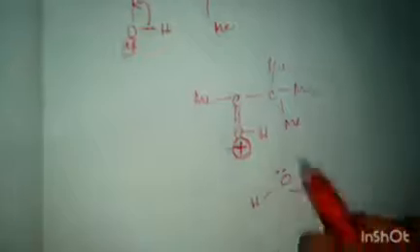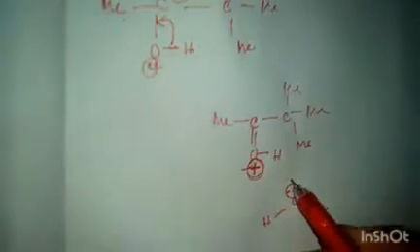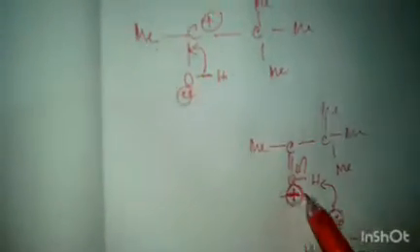So here a positive charge is formed, making oxygen very unstable. We know that water is present in the system, so the oxygen in water, with the help of its lone pairs, will take the hydrogen from here, and the hydrogen will give its bonded electron to oxygen, thus making the positive charge vanish.